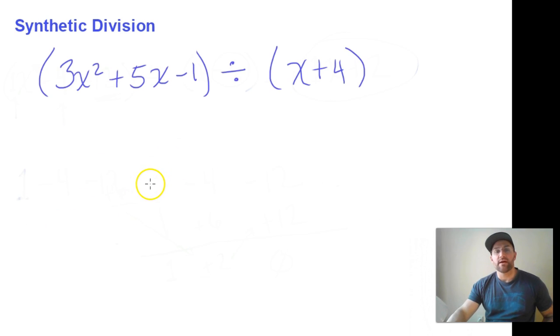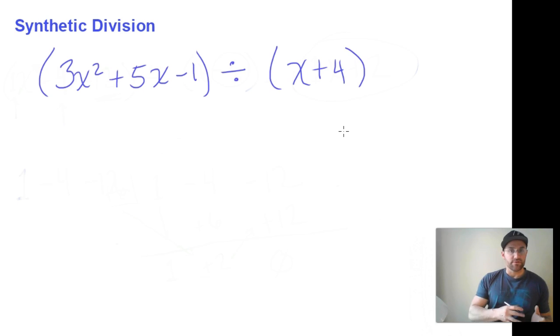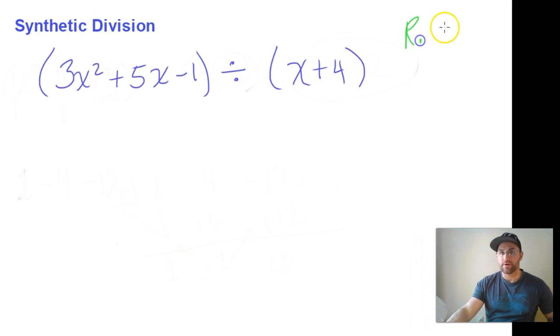So this one we're going to have a remainder, and you might remember remainders from when we were doing long division with just regular integers. Remainders we wrote r, usually with a period, and then some value n, whatever the remainder was. We're going to do something real similar to that here.